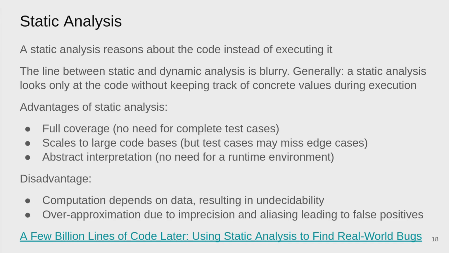I very highly recommend the article that I linked down here, A Few Billion Lines of Code Later, which is a very cool article, still holds true, about deploying static analysis to find real-world bugs. And especially on the development of such a static analysis engine compared to writing a research paper.